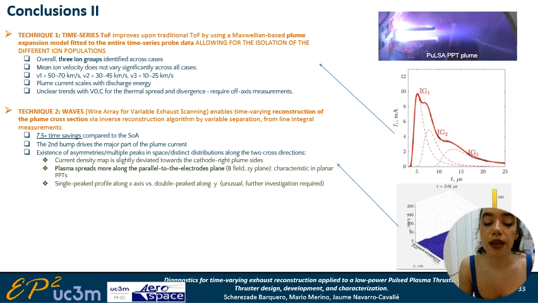The main finding among these results is that three ion groups are systematically identified in the plumes across different operational cases, with ion speeds of 50 to 70 kilometers per second for the first population, and around 30 kilometers per second for the second one, which is typically the one that drives the major part of the plume current.